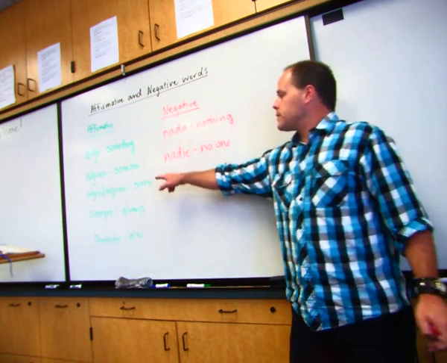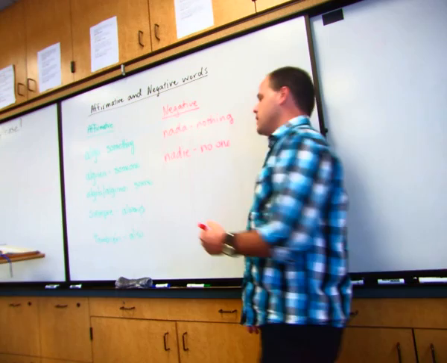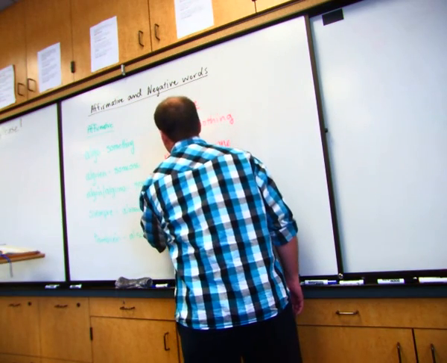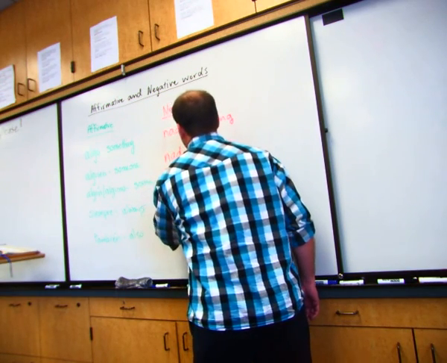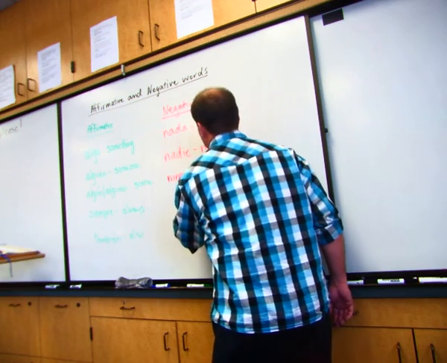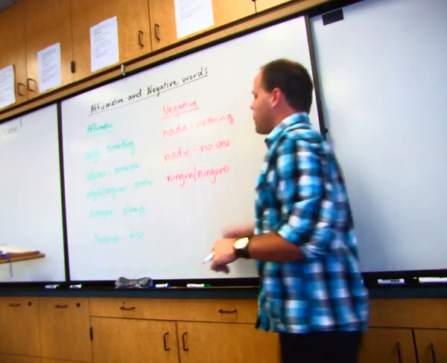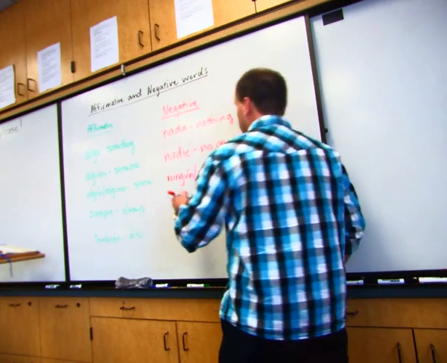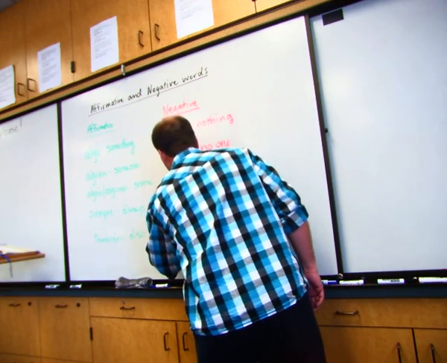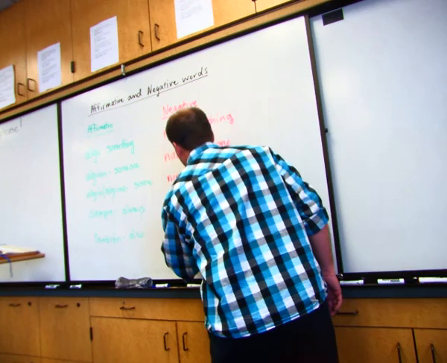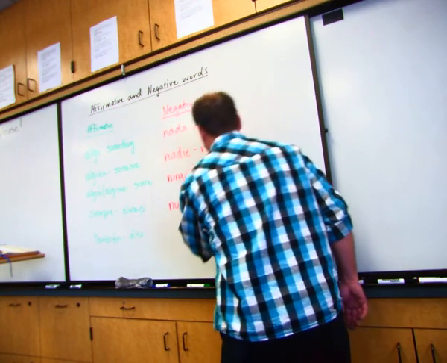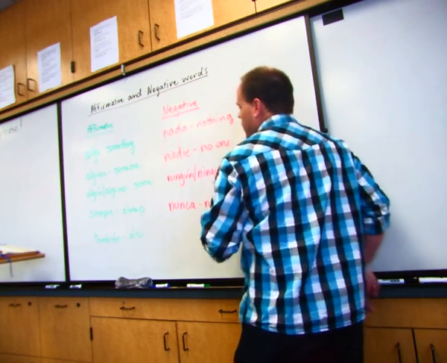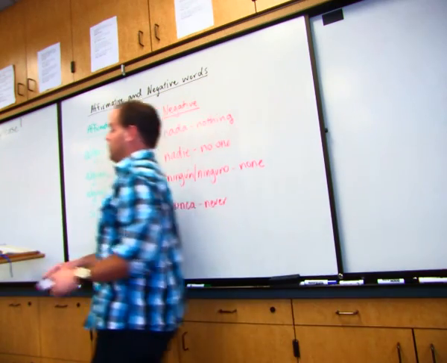Algún. What is the opposite of some? None. That is ningún or ninguno. What is the opposite of always? Never, which is nunca. And the opposite of also.